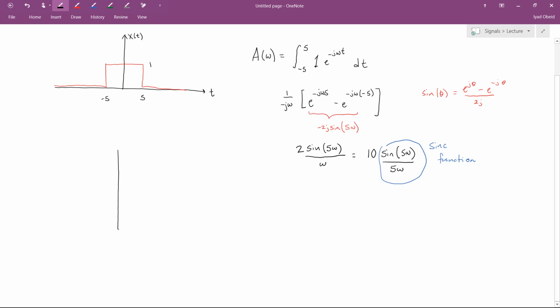So let's just work on the magnitude plot for now. So this is j omega. This is the magnitude of A of omega. And just for the sake of argument for today, usually we omit the negative frequencies, but for today I'm going to plot them. So what I've got is a sine function that's divided by a constant.